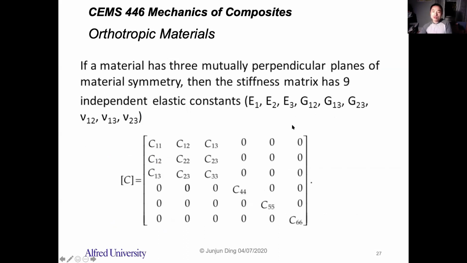So that's why you have 6. No, not 6, 9, right? You have 9 independent elastic constants. Okay, so with the matrix expressed in this way, you have C11, C22, C33, C12, C13, and this is symmetric, right? C44, C55, C66 are shear moduli, right?